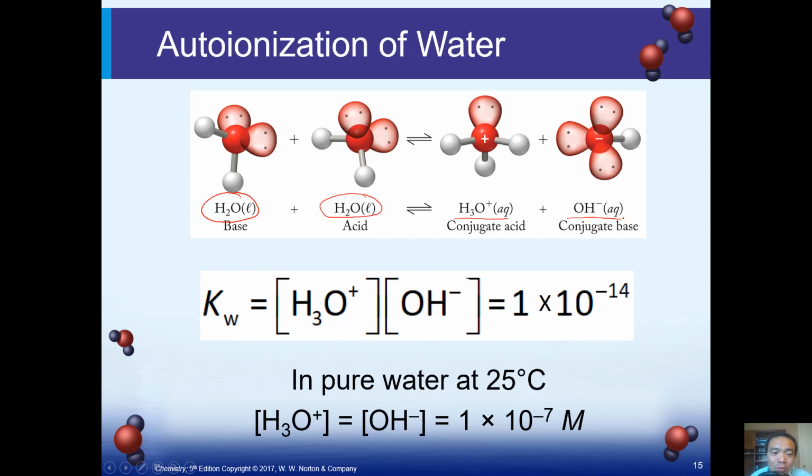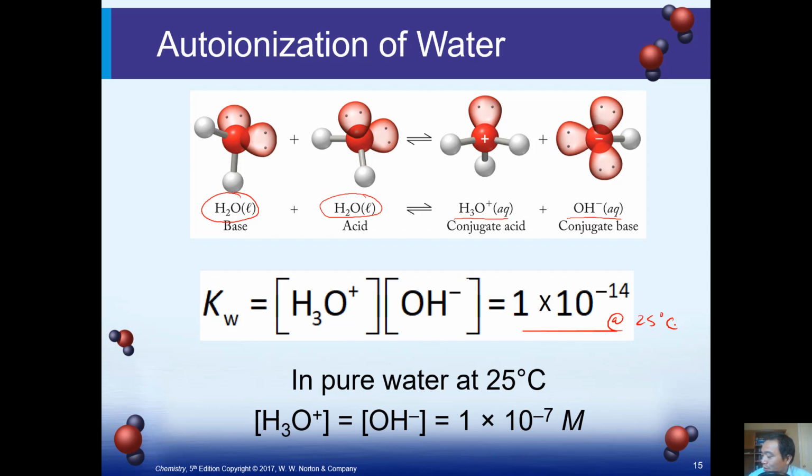So one H2O is picking up one proton from the other H2O, and this reaction is so-called autoionization of water. The equilibrium constant for this reaction is extremely small. At 25 degrees C, it's 10 raised to negative 14th, which is really, really small.